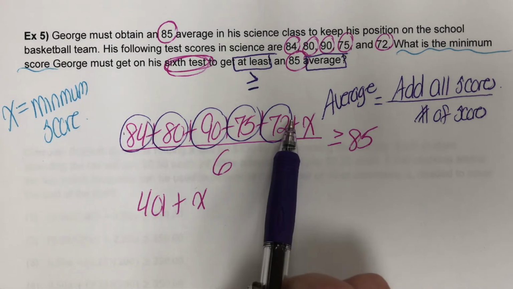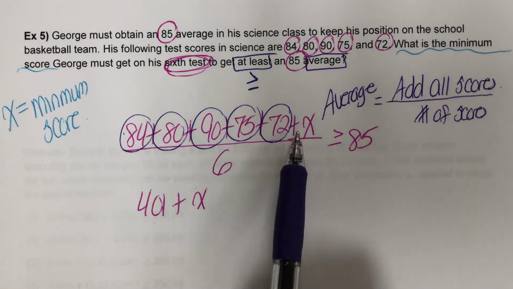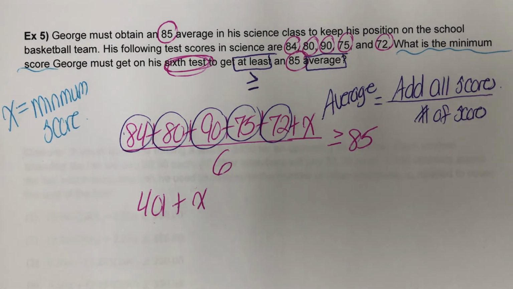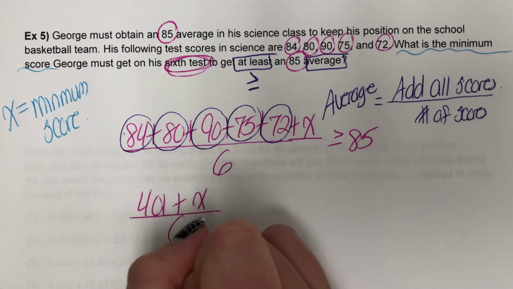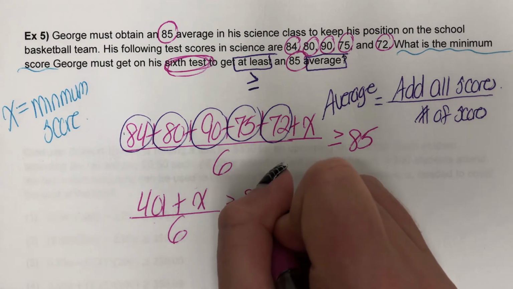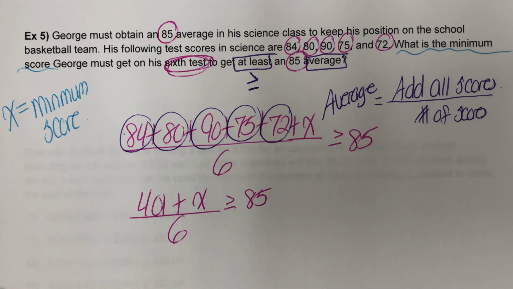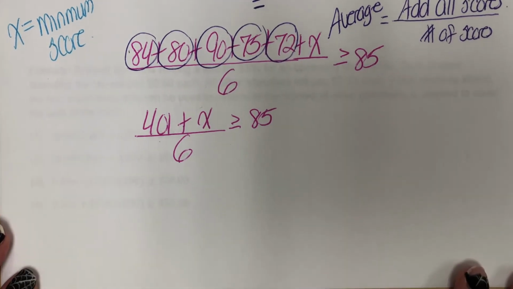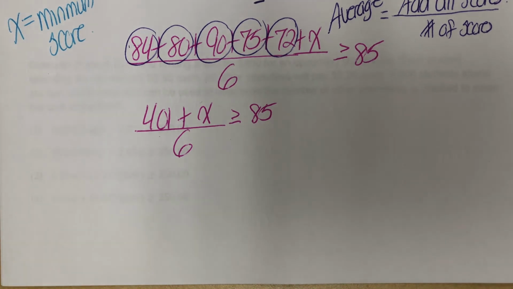When I divide, I'm still dividing by the number 6, and that's still going to be greater than or equal to 85.